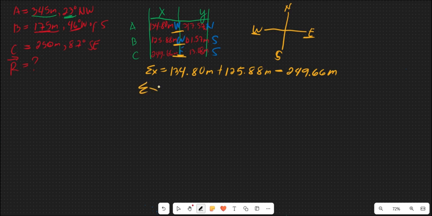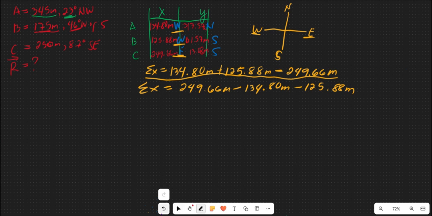I can also write this as summation of x is equal to 249.66 meters minus 134.80 meters minus 125.88 meters, as long as opposing directions have opposing signs. But I would like to deal with the first equation so that I won't be dealing with negative numbers.